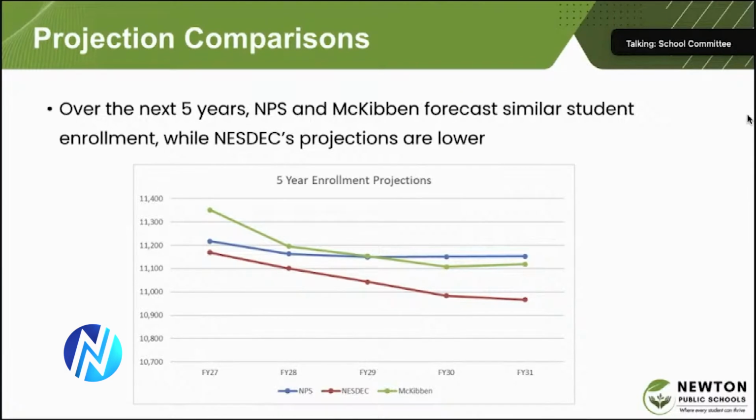So you can see for next school year, NPS and NESDEC are both projecting slightly lower than what the McKibben report projects. And then over the 5 years, Newton and McKibben's report projections come kind of more in line with each other, while NESDEC's decline over the 5 years. And I do want to note that the NESDEC projections do include the projected students from new residential development as well.